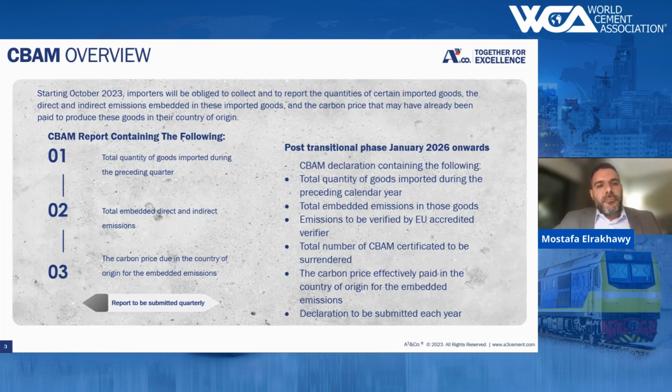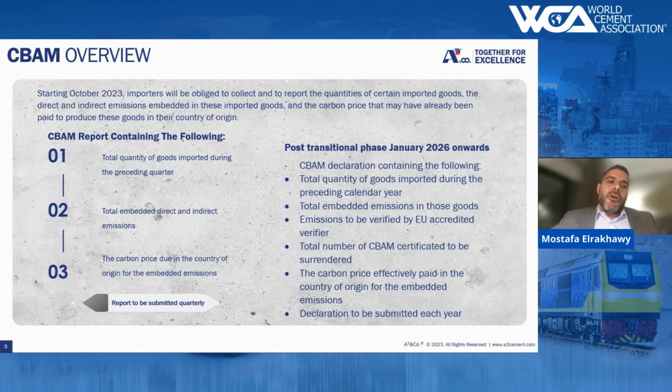And during the transition period, as it is a learning curve for the non-European installations and operators, the cement plants or the cement companies will report on a quarterly basis. They will report their total embedded direct and indirect emissions.